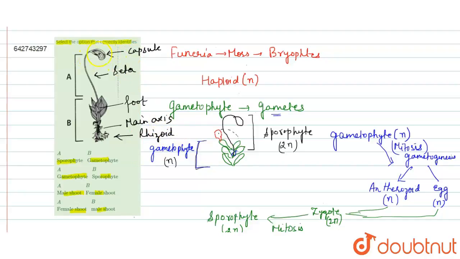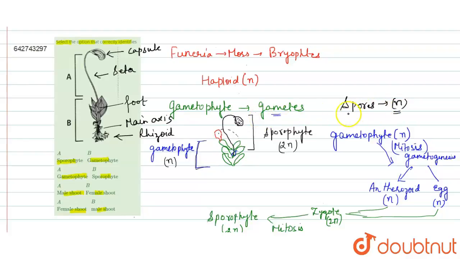Now inside this capsule, a number of spores will be produced. Those spores will have the ploidy n, which means that this capsule was 2n in nature, but it underwent meiosis to give the spores which are n in nature.